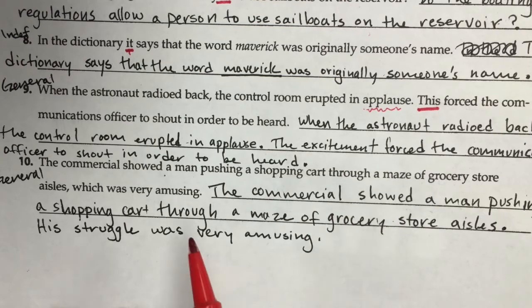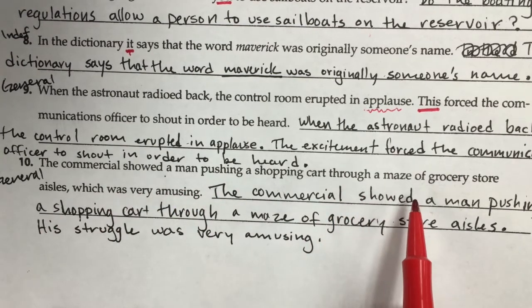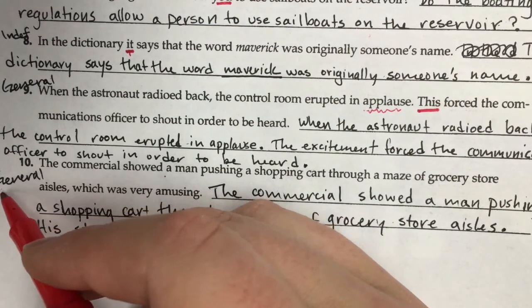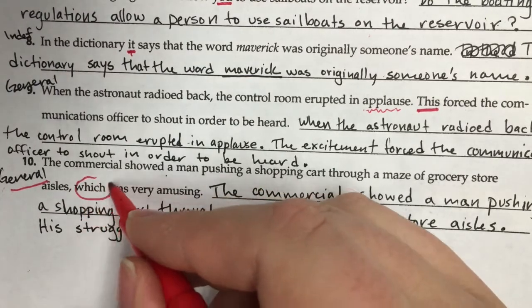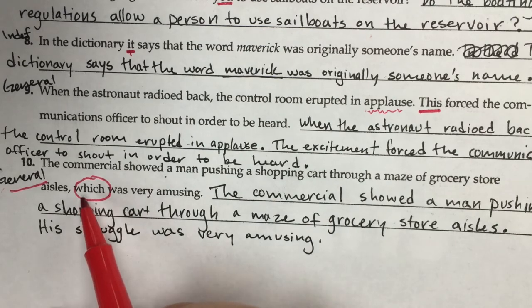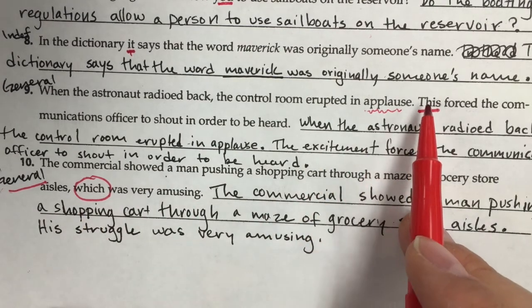And number 10. The commercial showed a man pushing a shopping cart through a maze of grocery store aisles, which was very amusing. So this is also general reference, and the problem is with the word which. The problem in this sentence is that the word which does not refer to one specific thing. It's the exact same problem that we had with the word this.